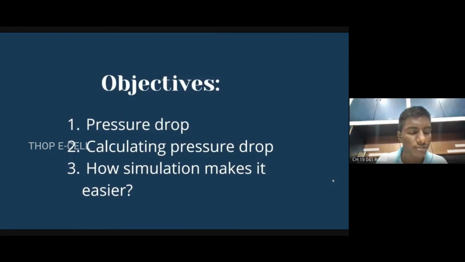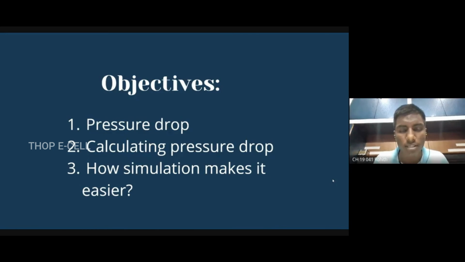Objectives. Before going into Pro2, let me tell you what the question is and what objectives we are going to explain. Our problem is based on pressure drop. What is pressure drop actually? Whenever a fluid flows in a closed channel or in a pipe, it experiences friction. There may be frictional losses or head losses due to that friction.